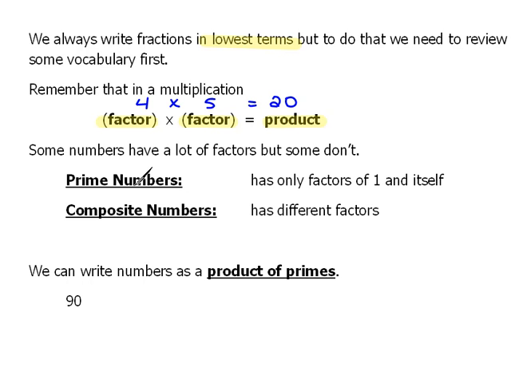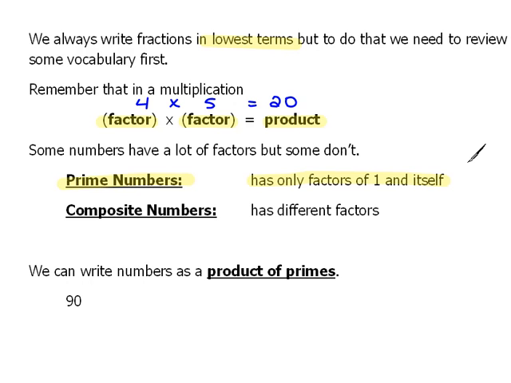There are two different types of numbers. Numbers are either prime or they're composite. Now, one is not considered prime or composite. It's neither, but it's kind of a weird case. Prime numbers are defined as having factors only of 1 and themselves.